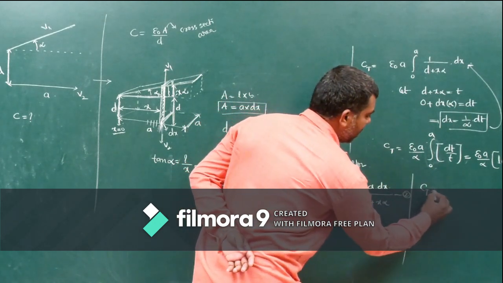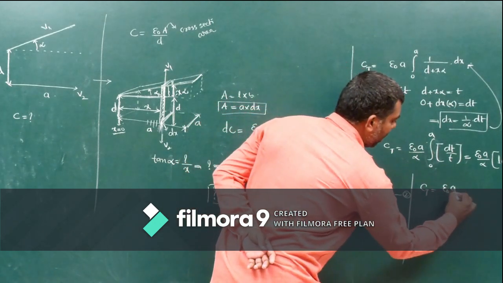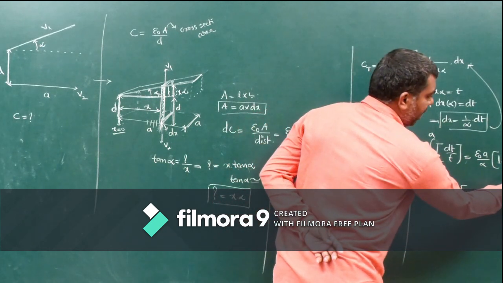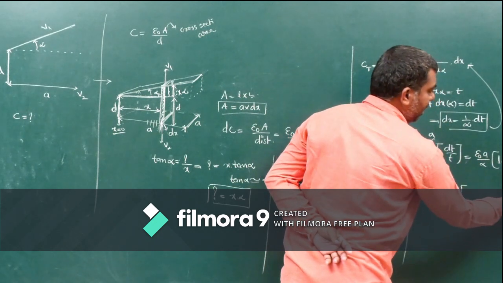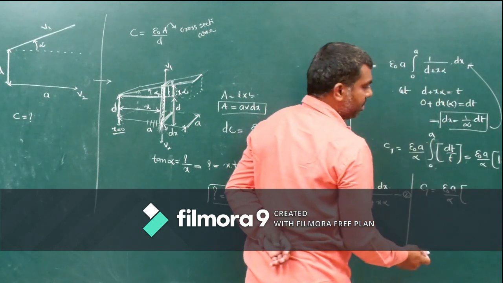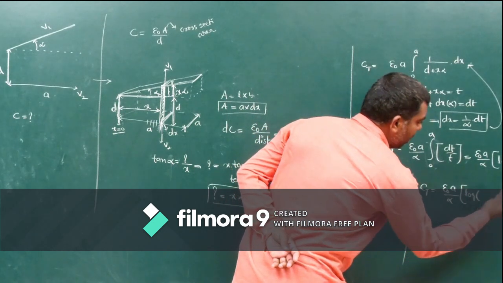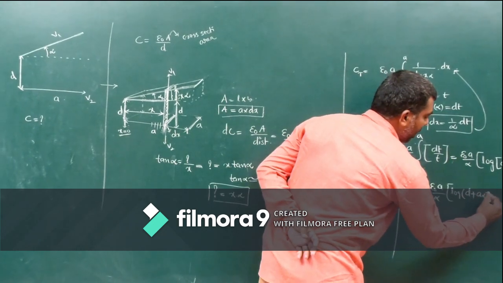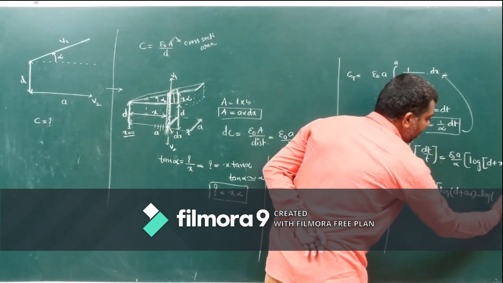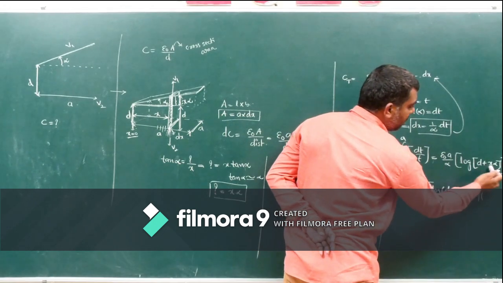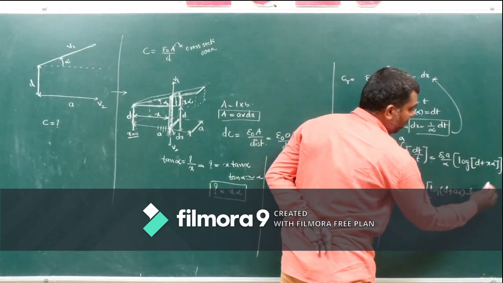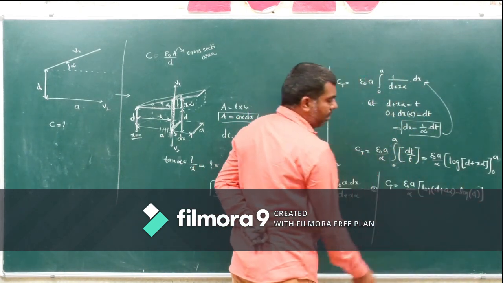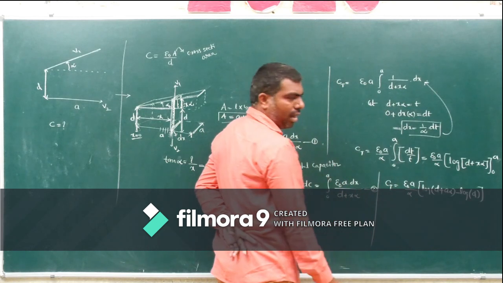So C total is equal to epsilon naught a divided by alpha. Substitute the upper limit once, minus the lower limit once. So log of d plus a alpha, minus log of d plus 0 into alpha. 0 into something means 0, so we can write directly d. Now the principle: log a minus log b means log of a by b.